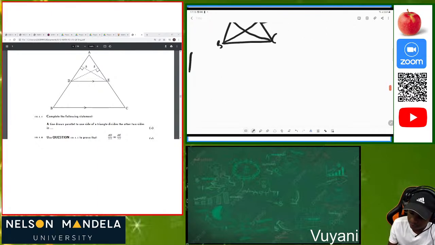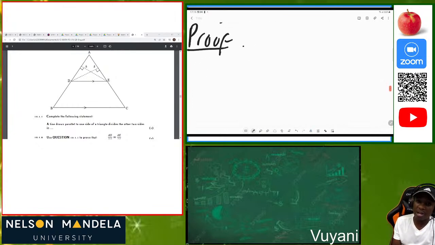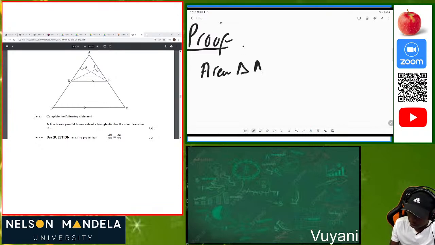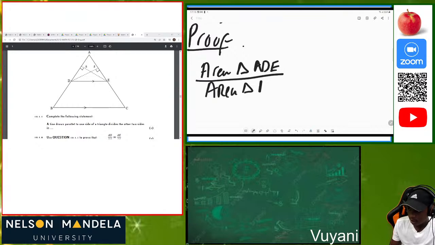So what is the proof now? Let's prove for 6 marks. The first thing, as we have highlighted already, is the area of triangle ADE over the area of triangle BDE. We know that the area of a triangle is half base times height.